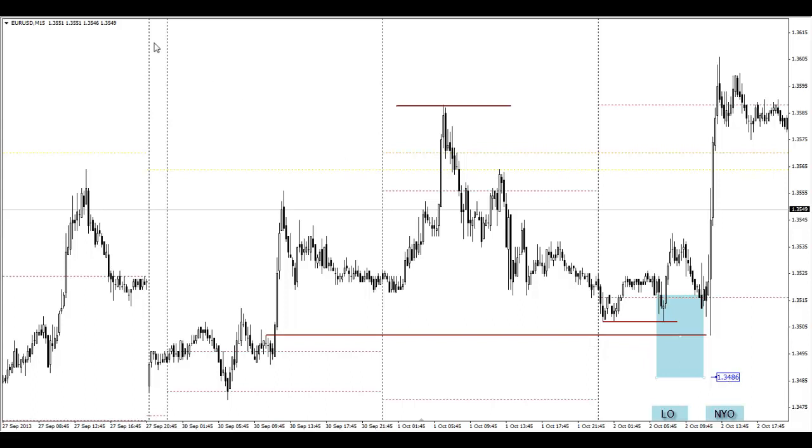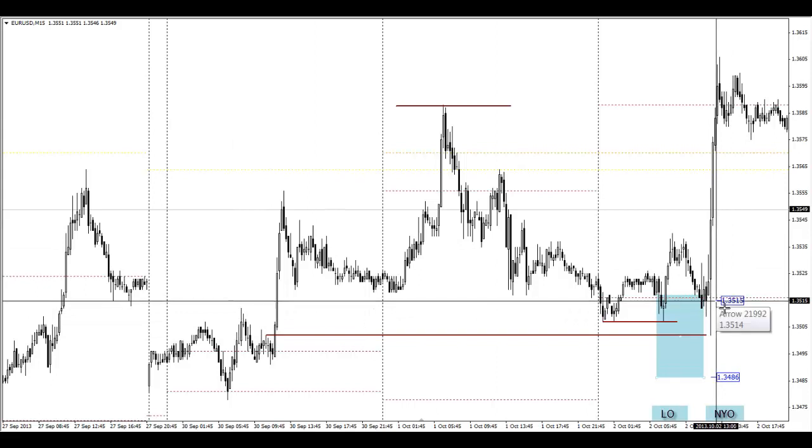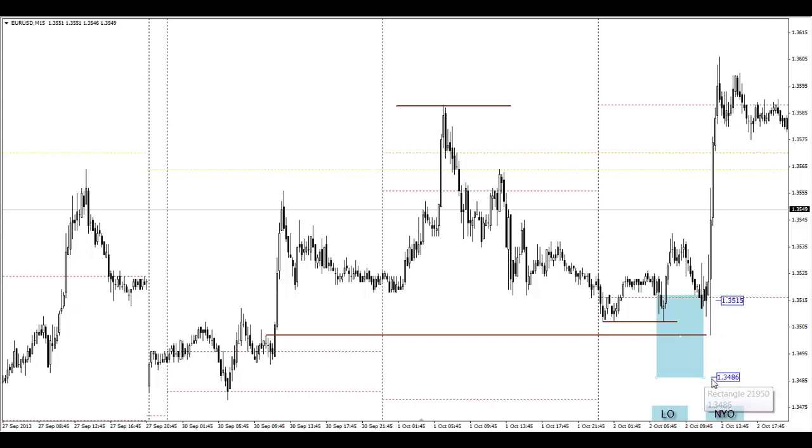And our entry would be approximately, let's go down to where we said, 135.15. So we have our entry points, and that's showing 28 pips. I would need this to go a little bit deeper. There you are.